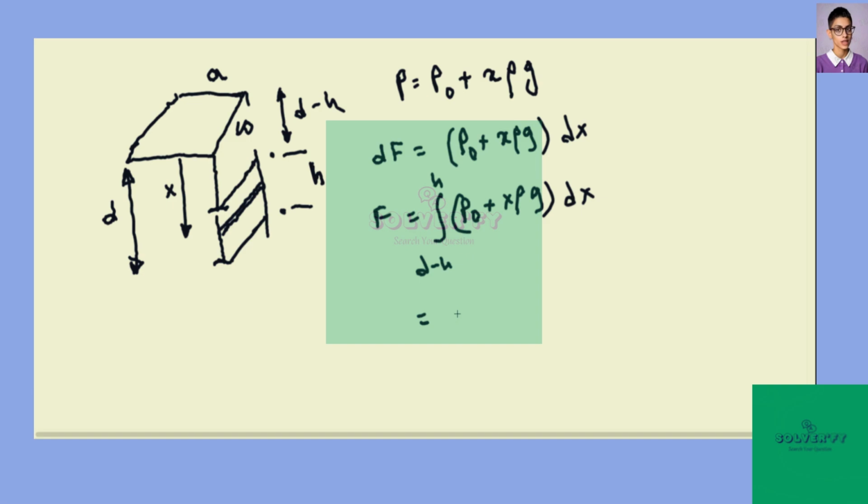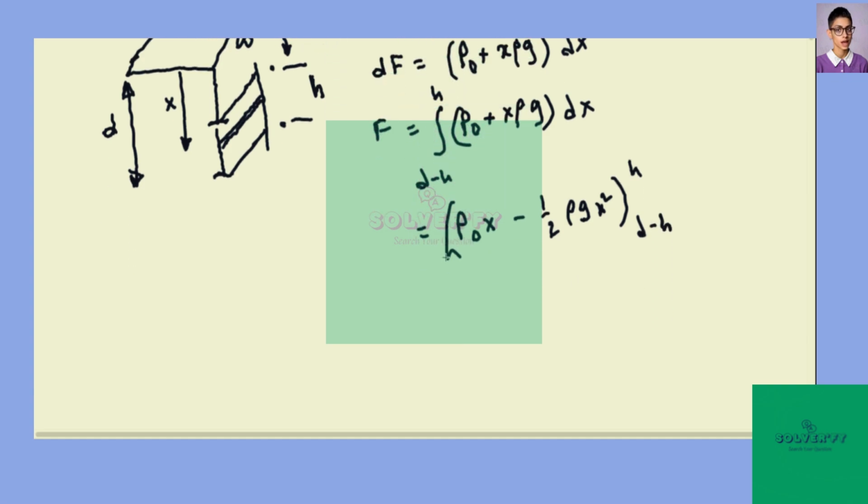Which will be P naught x minus half rho g x squared, from d minus h to d. The first term will give us P naught times h.